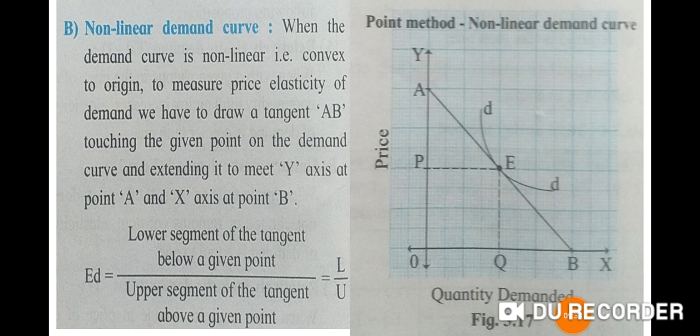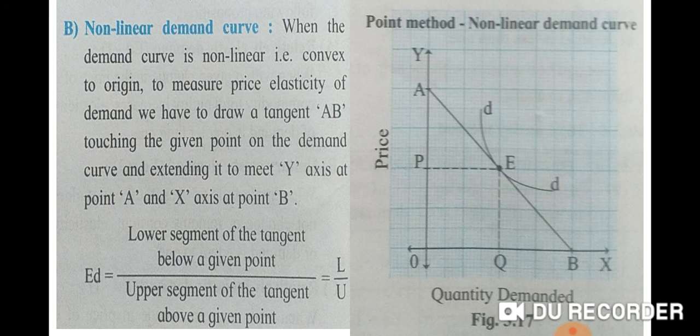The tangent AB touches the given point on the demand curve and is extended to meet the Y axis at point A and the X axis at point B. P is the original price in the diagram and Q is the original quantity demanded.